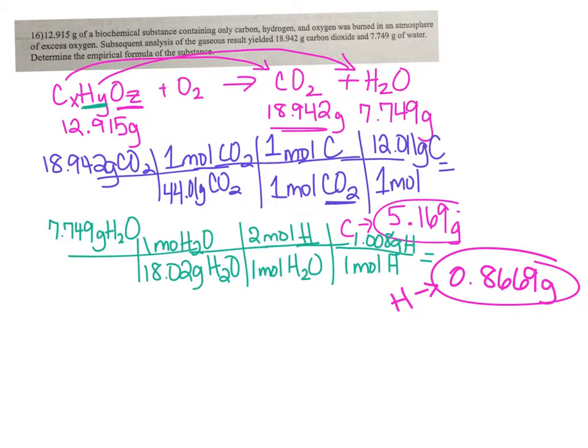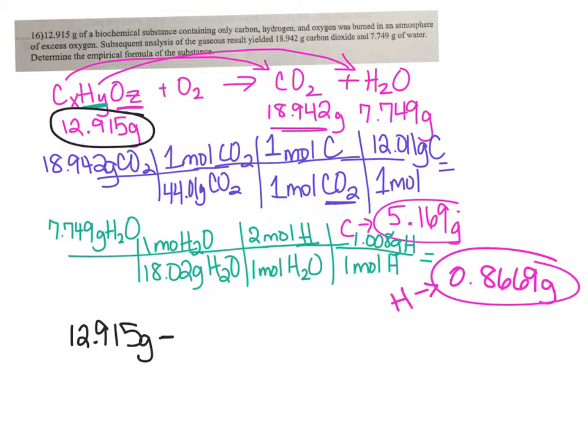So we're going to now use this little value that's given to us, our sample size, and we're going to figure out how many grams of oxygen are coming from that empirical formula. So we've got our total sample size, 12.915 grams.